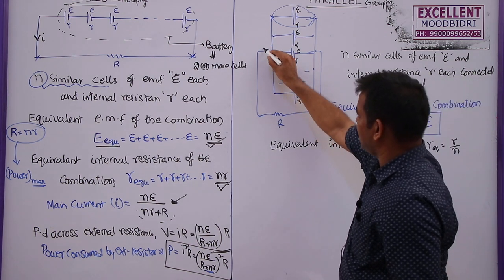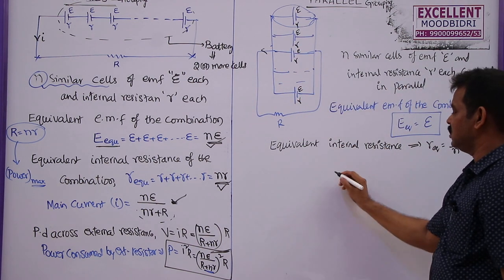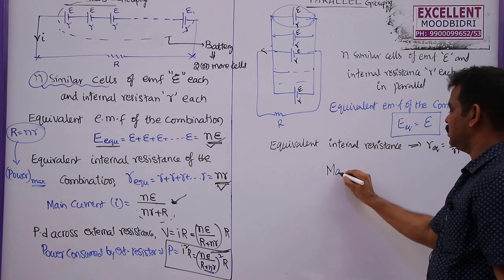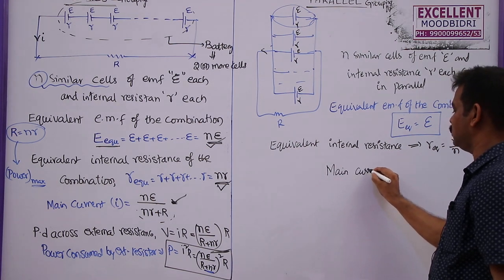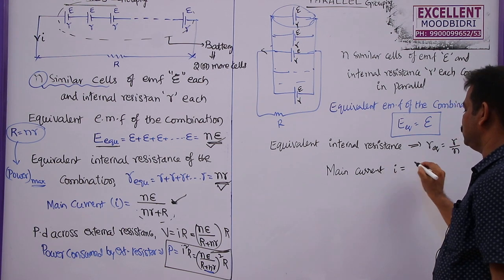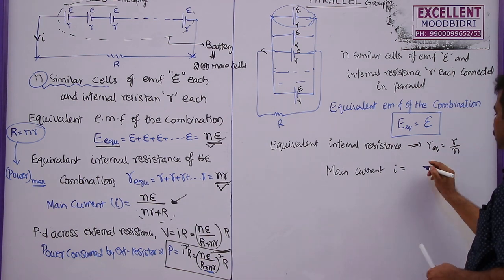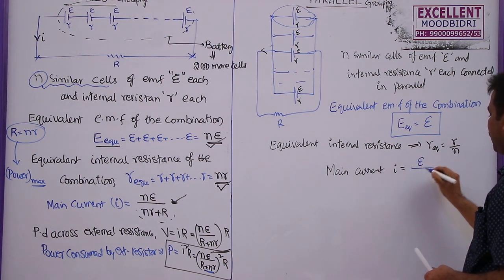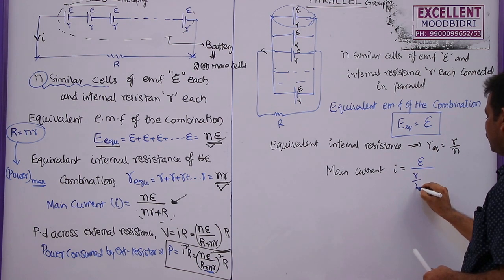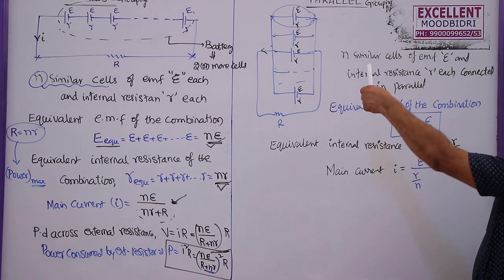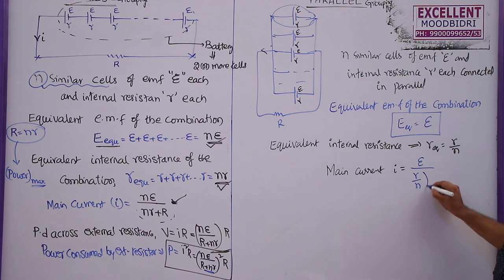Now what is the main current given by this to the external resistance? The main current I is equal to the equivalent EMF divided by the total net resistance of this combination, which is E by (r by n, the total effective internal resistance, plus the external resistance capital R).